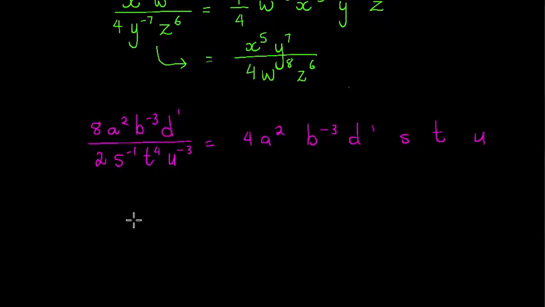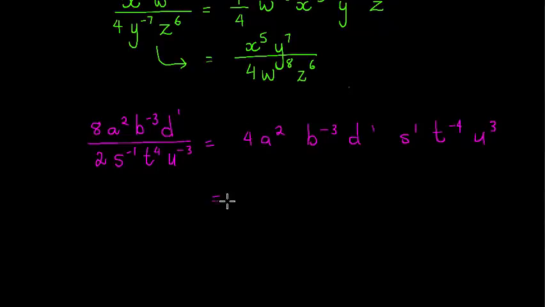Then in the denominator, I subtract it. Basically, in this case, all of their signs change. So this is s to the power of negative 1, which gives me positive 1. T to the power of negative 4, and u to the power of negative 3 would be positive 3.